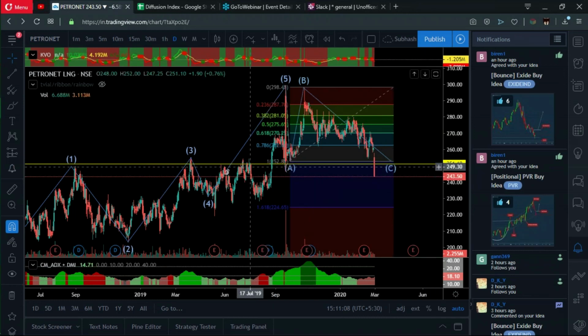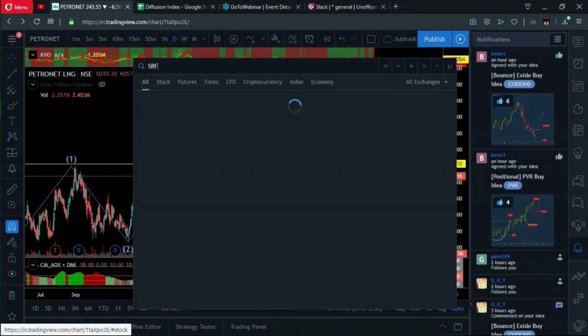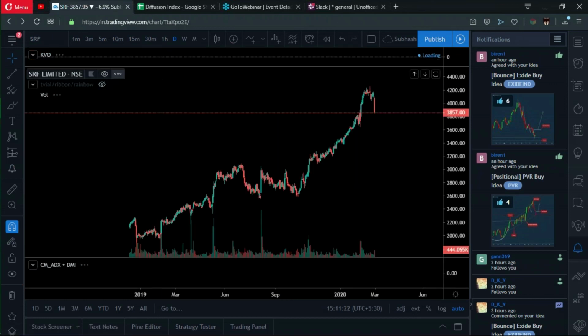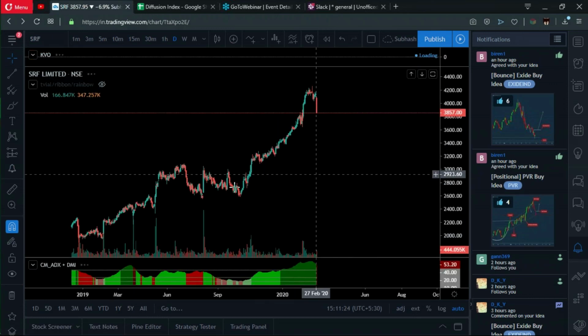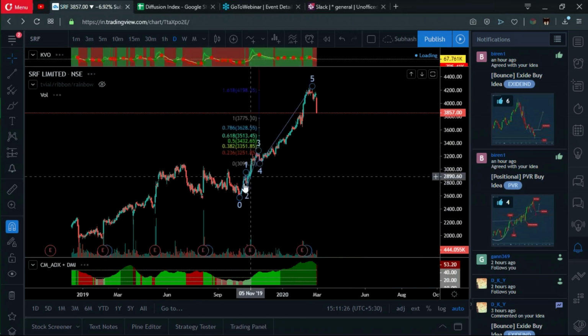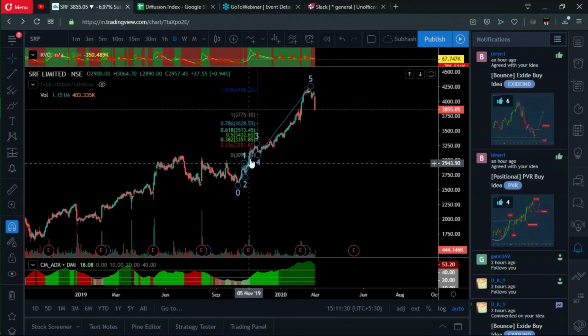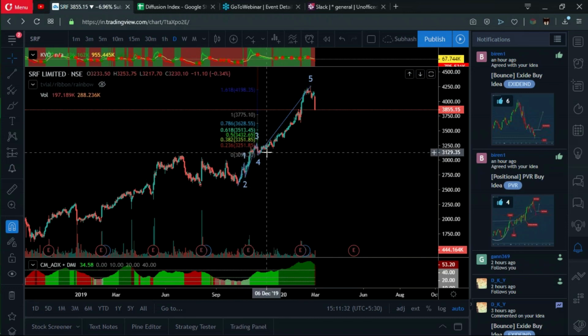Let me give you more of my charts. Here is an extended wave. If anybody can point out the ABCD, here it is. By the way, look at the fib here, right? I had calculated it a long time ago.